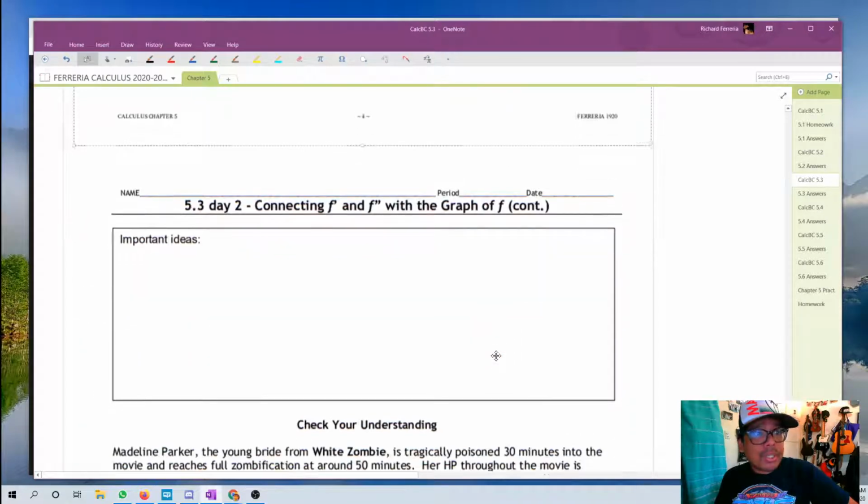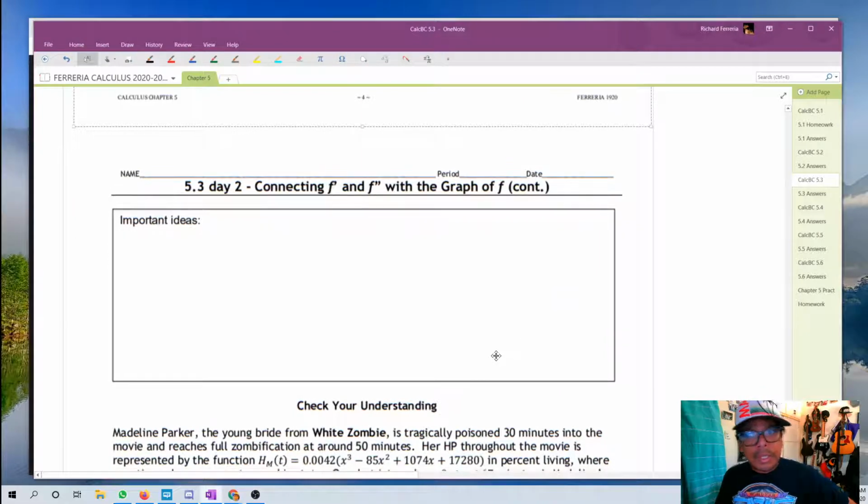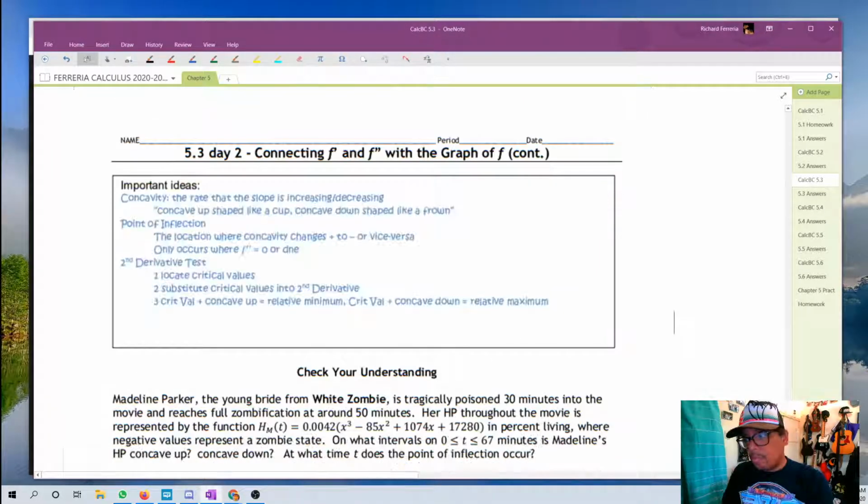And that brings us to our important ideas. So what were the important ideas for this section? Well, there were a lot of important ideas. First of all, concavity. That's the rate at which the slope is increasing or decreasing. Maybe it's not a rate, but it's whether or not the slope is increasing or decreasing. Visually, concave up is shaped like a cup, concave down is shaped like a frown.